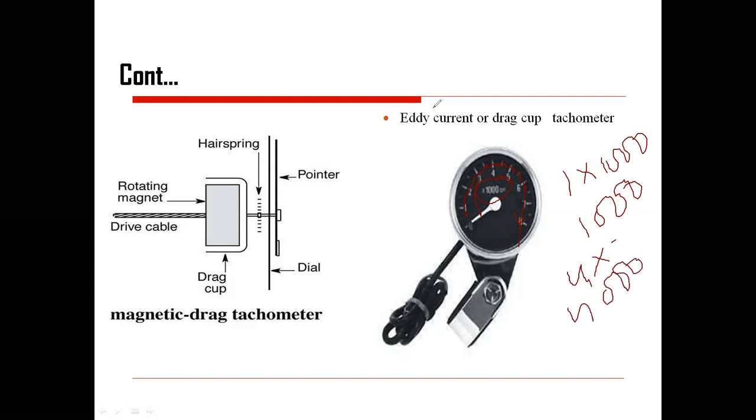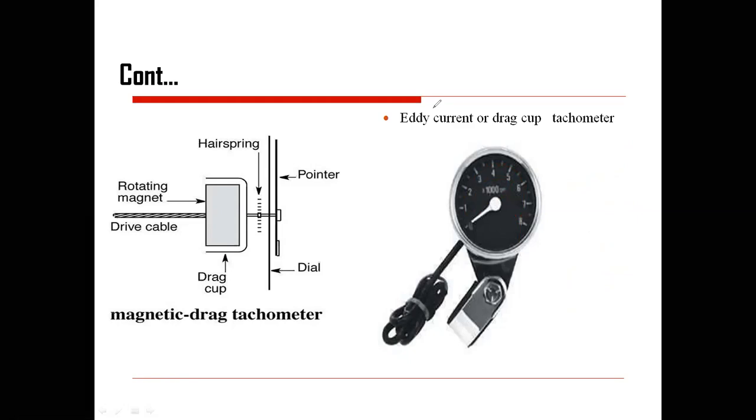So don't get confused that it is not showing the output up to 10,000, as I have specified, starting from 600 to 10,000. Up to 8,000 they have shown, but you can increase it. 1000 multiplied by 1 means 1000, and 1000 multiplied by 8 means 8000 rpm you are going to get, as you connect this dial gauge to this assembly, the magnetic drag tachometer.